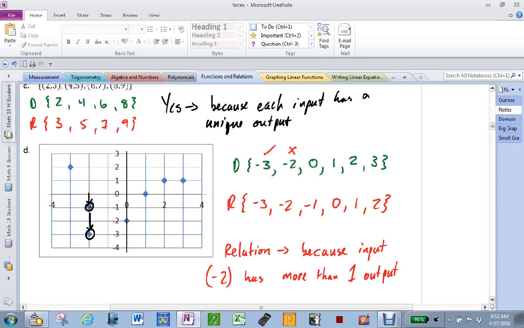Does everyone understand? You don't know if you're going to get -1 or -3 as an output. So it can't be a function. It doesn't make any sense.